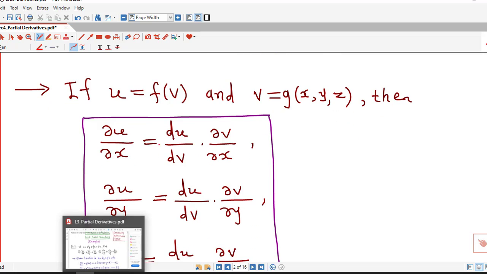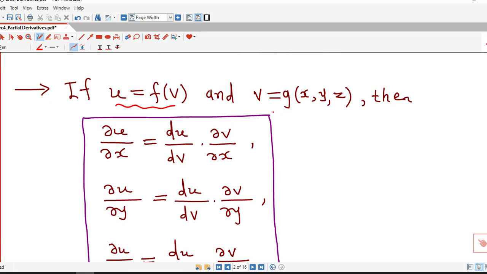Similarly, if u is function of v and v is function of 3 variables x, y and z, then if we put value of v in u, then u will also be function of 3 variables x, y and z. So we will have partial derivatives of u with respect to x, y, z, which we can find using chain rule.